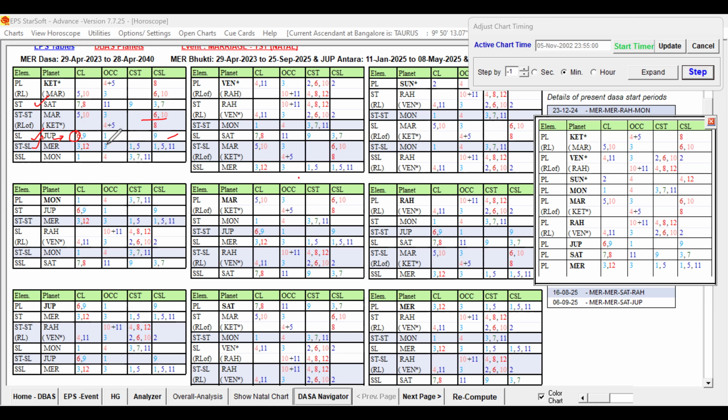And Venus. Venus is also in the star of Rahu, supported by Moon, and the sublord is Saturn, so they are also favorable. But what is the difference between Mercury and Venus? Both are in the star of Rahu. Venus has some weakness, and the star lord Rahu also has some weakness.